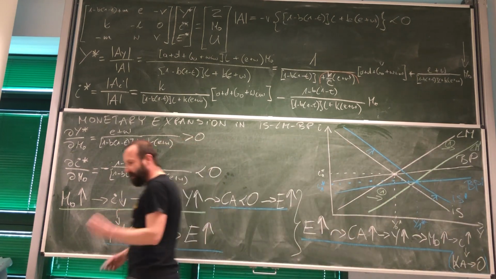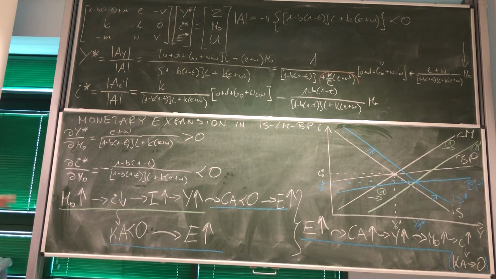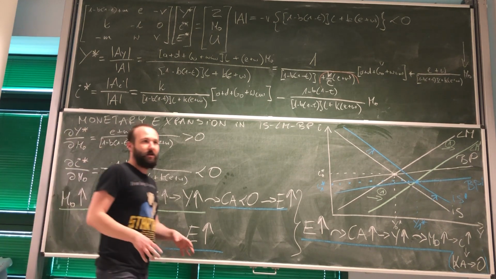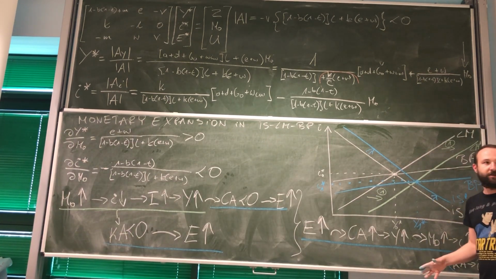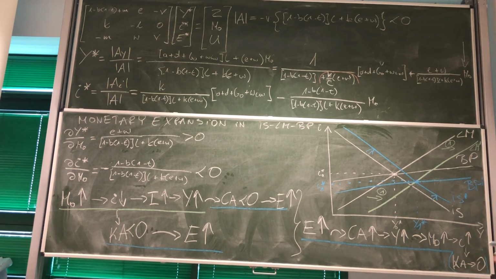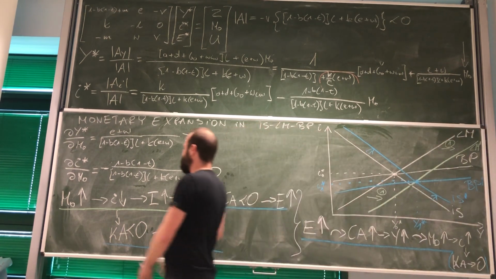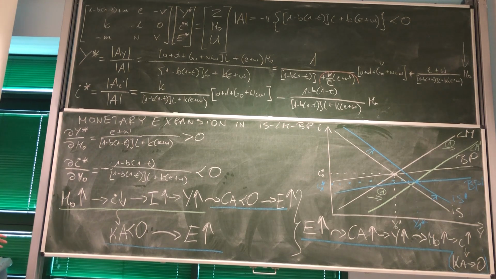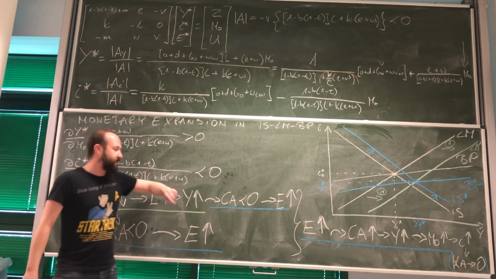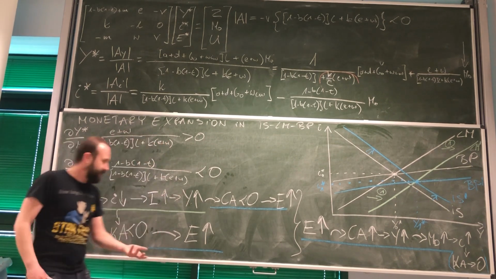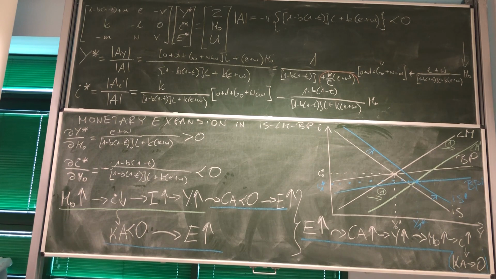And this actually means that monetary expansion is more effective in an open economy than in a closed economy. And look, this is because, first, when the central bank increases the money supply, we've got this internal effect: lower interest rate, higher investment, higher GDP. Right? However, we've got the open economy effect now.